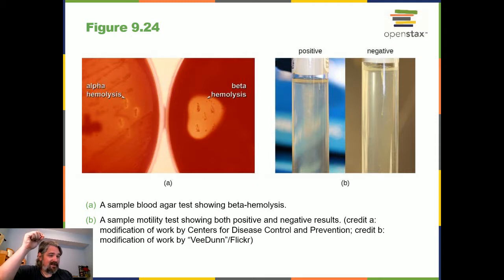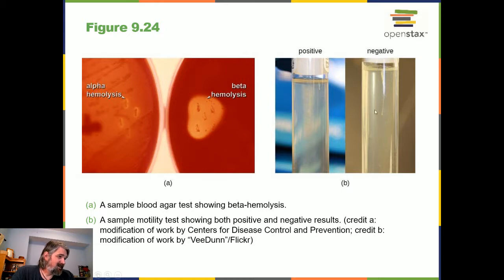You need to make sure you go in and then straight back out. Then, when you see this cloudy area around here, you don't really see the initial stab anymore, but you just see this area around here. That indicates motility. The inoculated organism was able to migrate out from the stab.